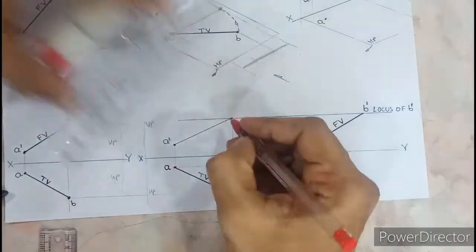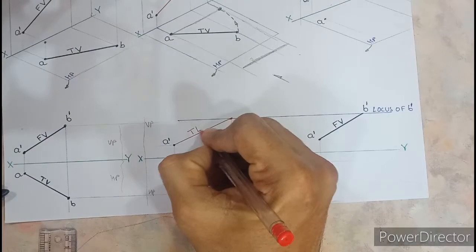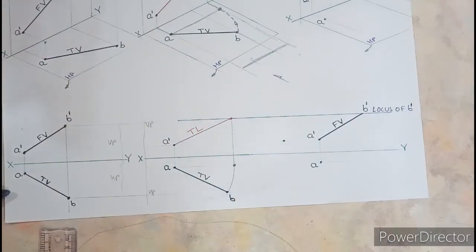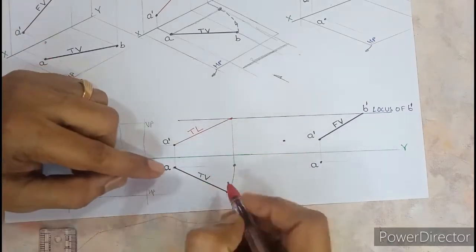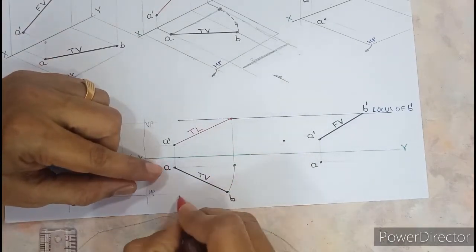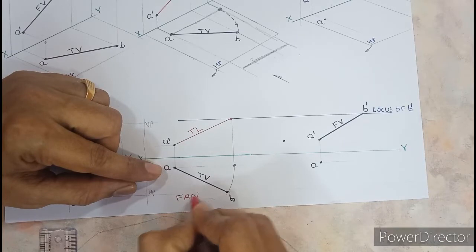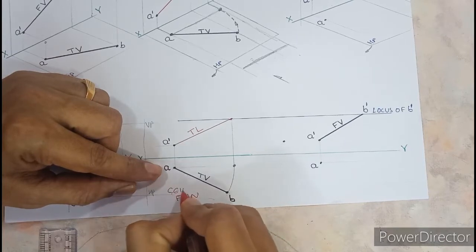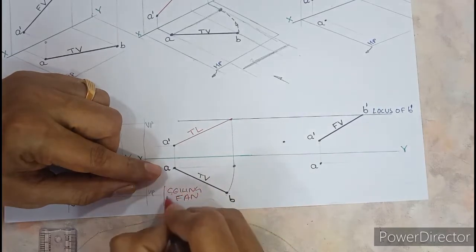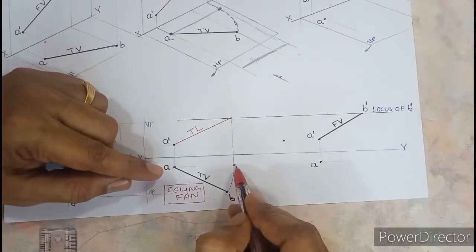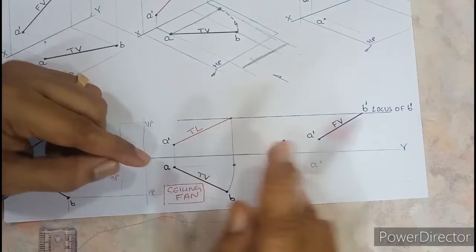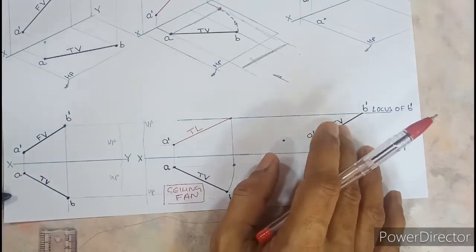That is how we get the true length. So this is our first formula that is being derived. The concept is very simple. Example is a fan. If you look at a ceiling fan, if you rotate the top view of the fan from the front view, its length increases.